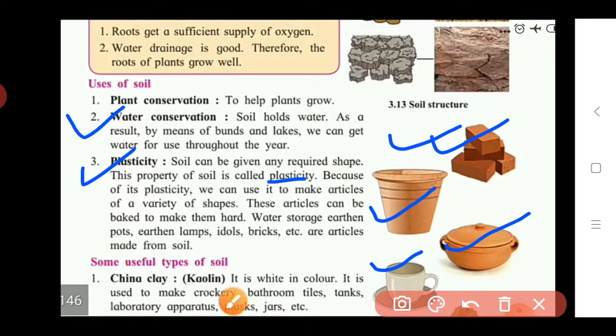Okay. Then the earthen lamps, then next one is idols, bricks, etc. These articles are made from the soils because of this plasticity. Okay. So these are uses of soil depending upon their properties.